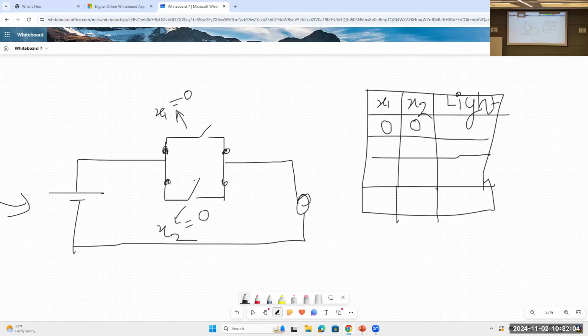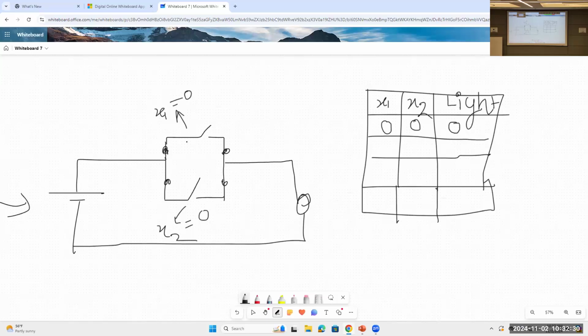I have not connected the switch, right? So in this case, will the light glow? No, because there is no way that the light is getting connected to the power supply, from this path as well as this path. So the light will not glow. So we will represent this as 0.